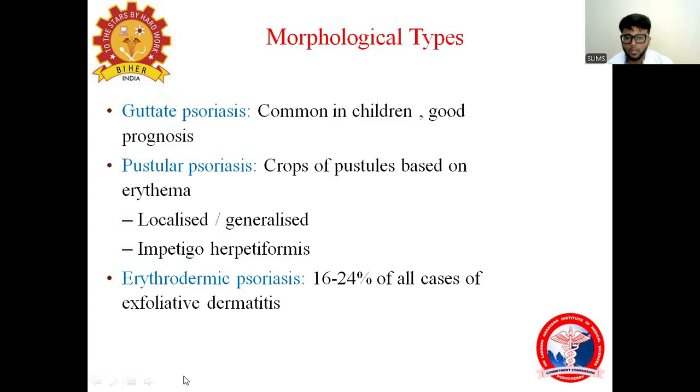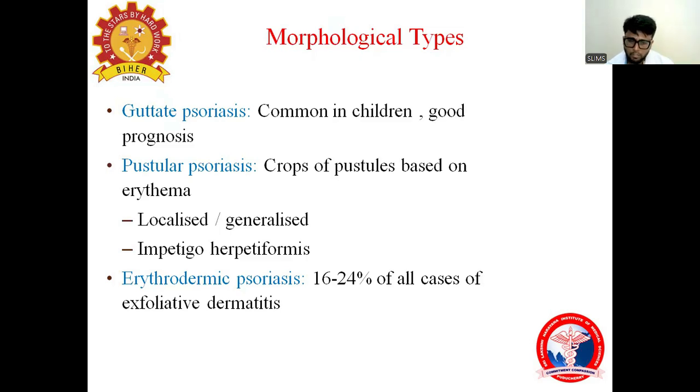And next one is erythrodermic psoriasis. Erythroderma is nothing but skin lesions involving more than 90% of body surface area. If the patient is not treated properly or receives inadequate treatment, the patient will end up in erythrodermic psoriasis. The problem is that erythroderma is acute skin failure. What is acute skin failure?